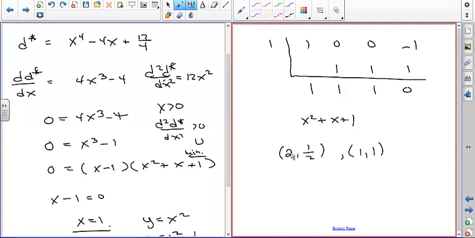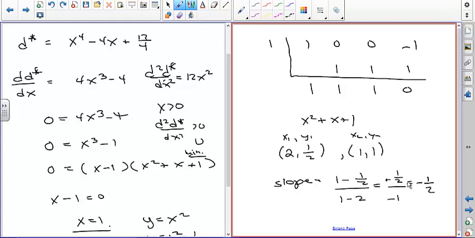This is the point that we were trying to find the minimum distance to. This was the point that is the minimum distance. So if we find the slope of this line, this is x1, y1, this is x2, y2, you'd have 1 minus a half divided by 1 minus 2, which is a half divided by negative 1, which is a negative 1/2. So that's the slope of the line between those two points.